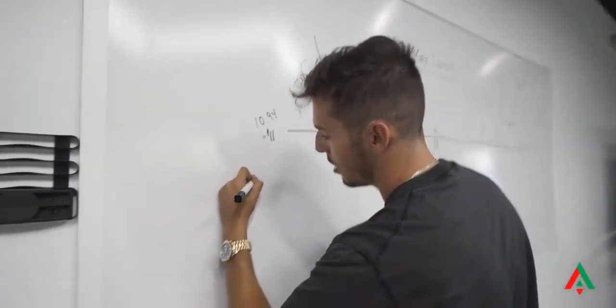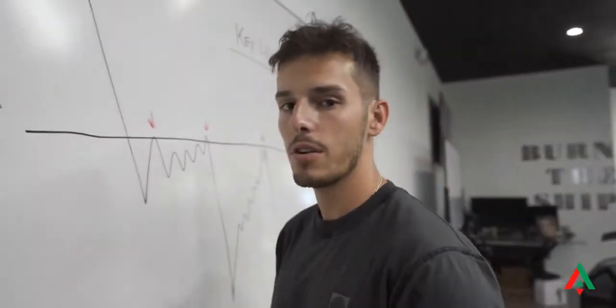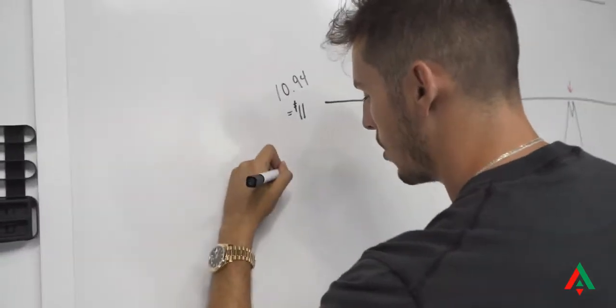So let's write that down. Make sure you guys have a notebook out, a piece of paper, a notepad on your computer or phone, whatever. Just make sure you guys are taking notes if you need to.